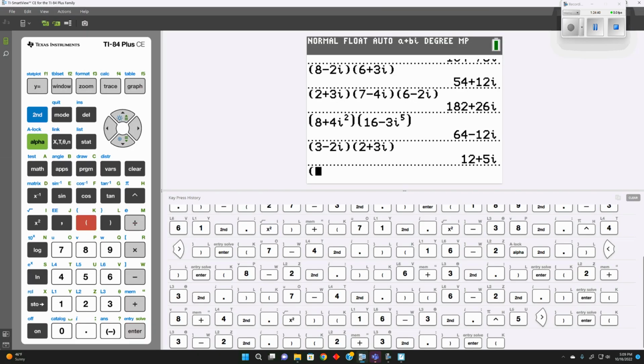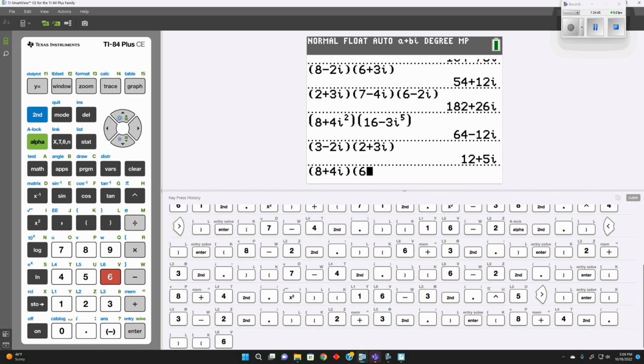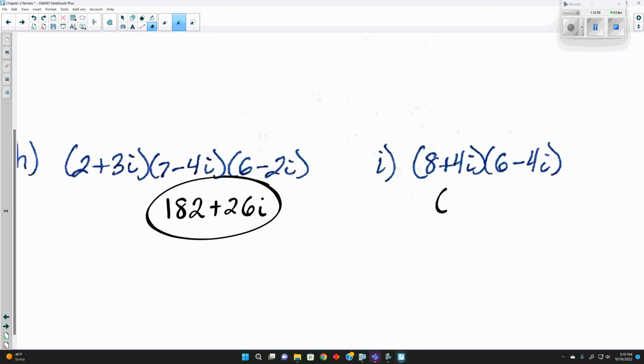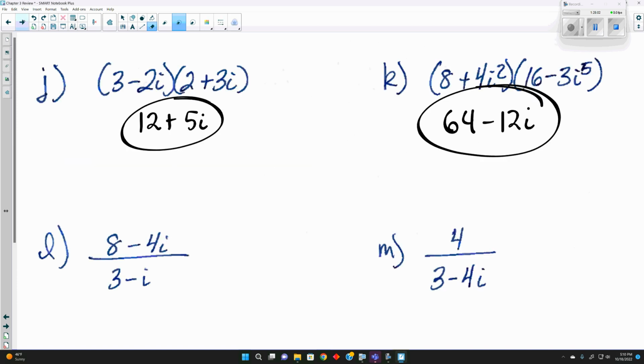So we can say 8 plus 4 second i times 6 minus 4 second i. Enter. And we get 64 minus 8i is what we should get. Got those confused or mixed up, I'm sorry. I did come back luckily and fix that.